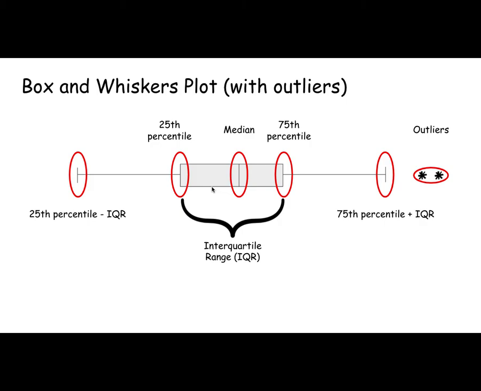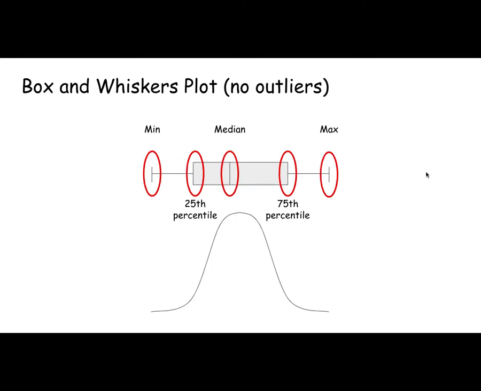That's the way that they're defining outliers, is more than the interquartile range plus the 75th percentile, or the 25th percentile minus the interquartile range. These areas here are the outliers. If there are no outliers, it's possible that they're using the box and whiskers to show the min and the max.